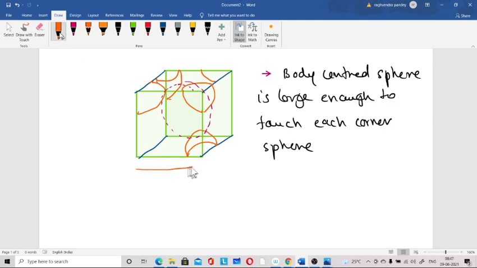So this edge length A, now we have to find the relation between edge length A and the radius. Now we see the C3 axis.